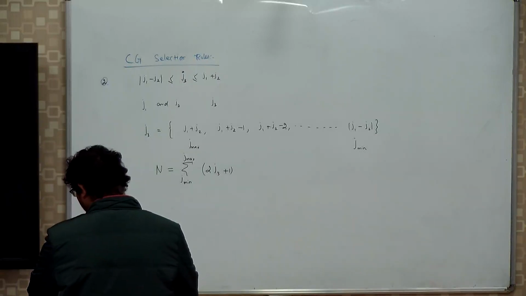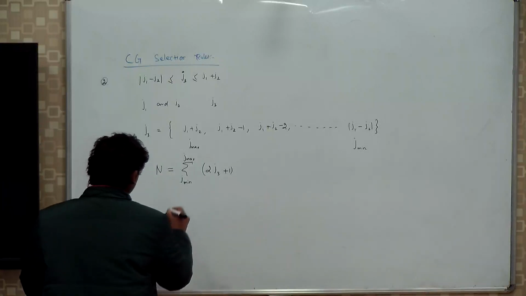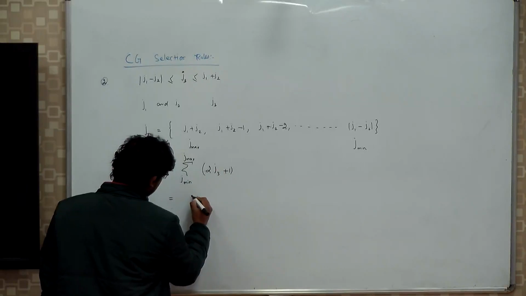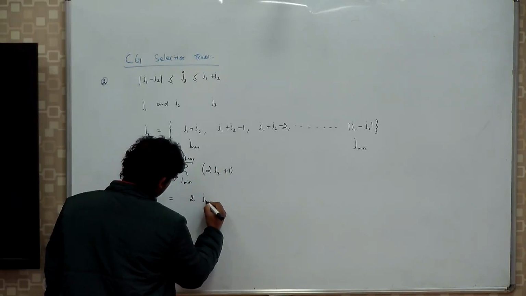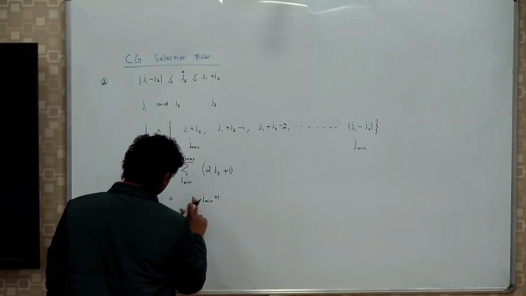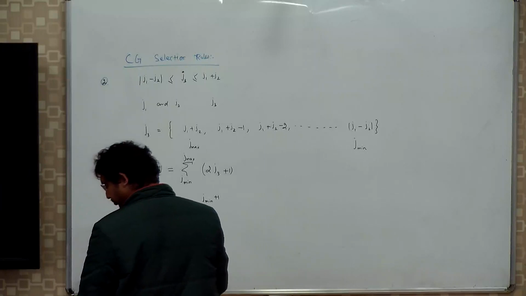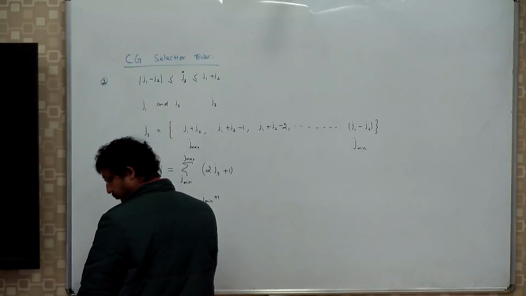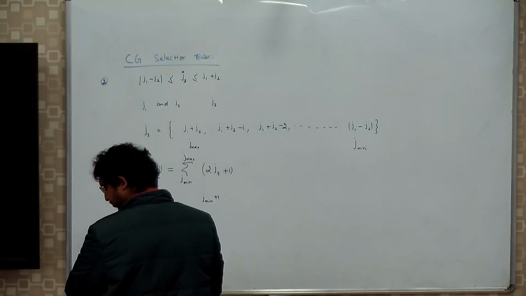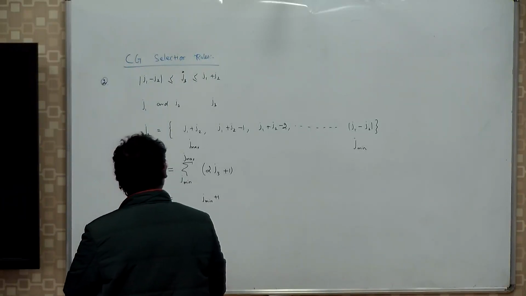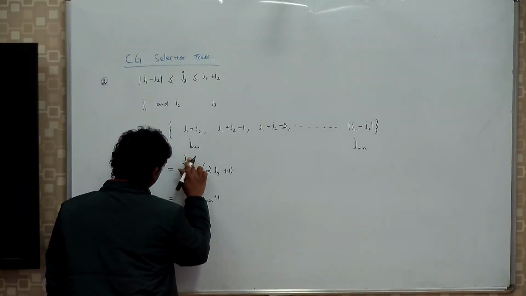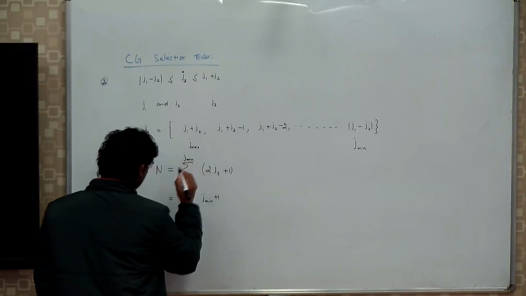Now apply the value of J minimum in place of J3. So what will be the answer? 2 J minimum plus 1. Or one can write it from J maximum to J minimum, that is no problem. It is very easy to understand and prove.